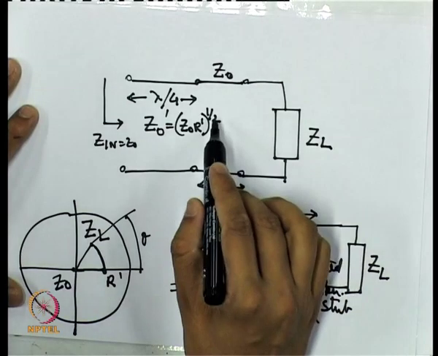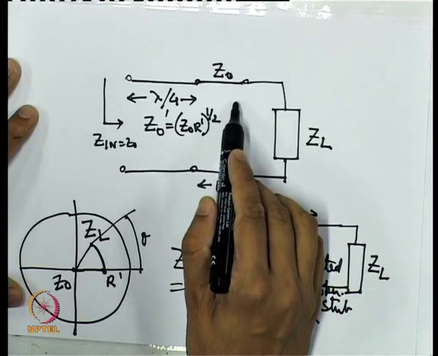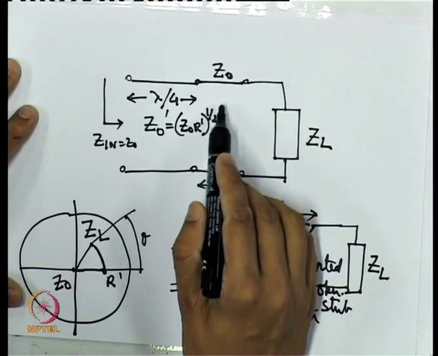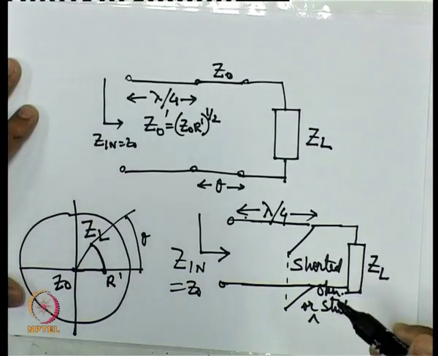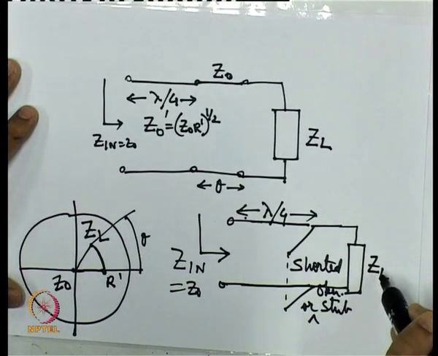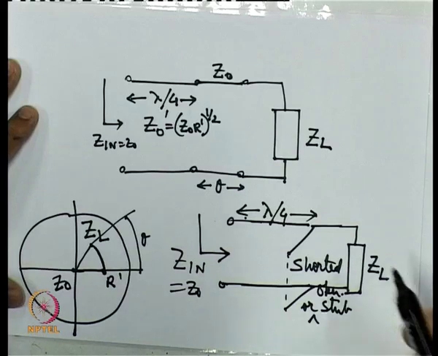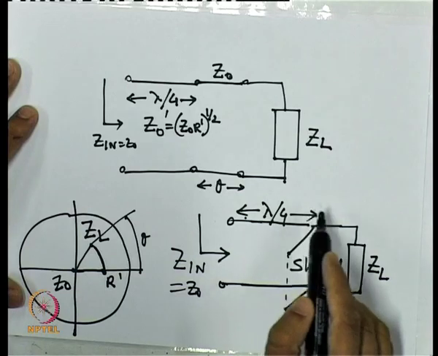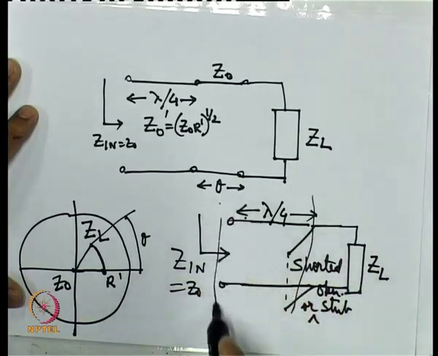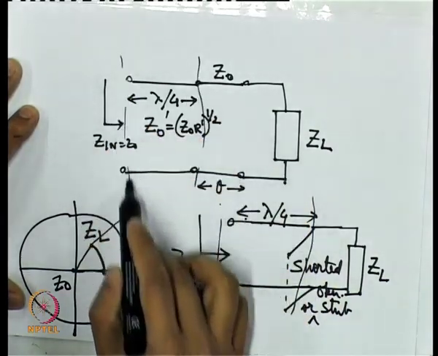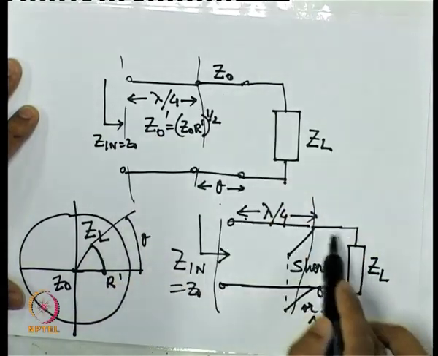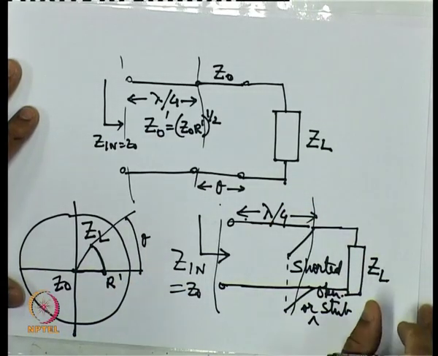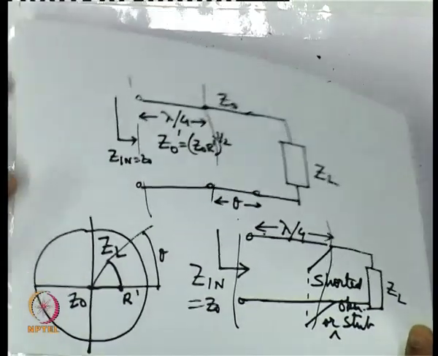So instead of rotating along the circle and keeping the reflection coefficient magnitude constant, we directly cancel the imaginary component of ZL using a shorted or open stub, and then do the transformation using a quarter wave transformer. So this part here is the same as this part here, only this part is different. This is a standard way to realize impedance matching using a quarter wave transformer.